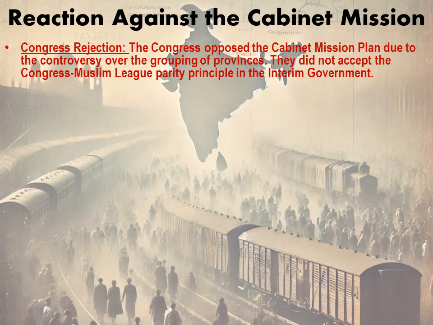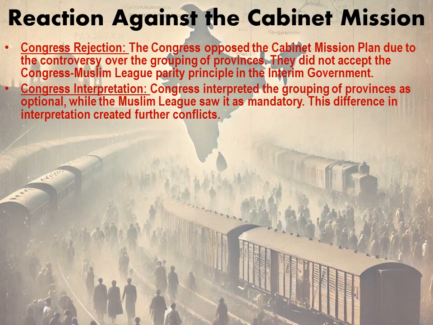In the interim government, Congress demanded more power because they are more in number, and so Muslim League and Congress cannot be placed on equal footing. Also Congress rejected the grouping of provinces together where religion was the parameter. Britishers always wanted the policy of divide and rule, and Congress did not want that. That was the reaction of Congress and the reason why Congress rejected.